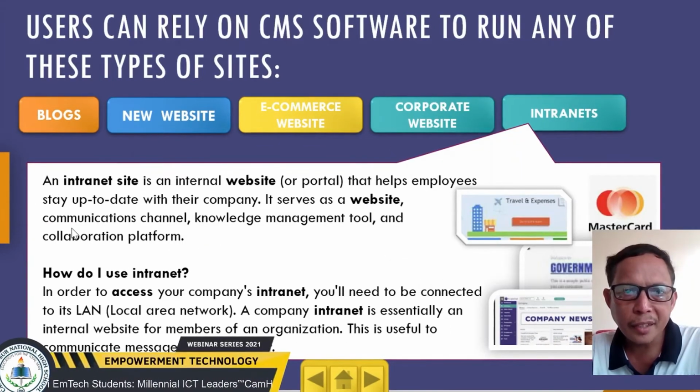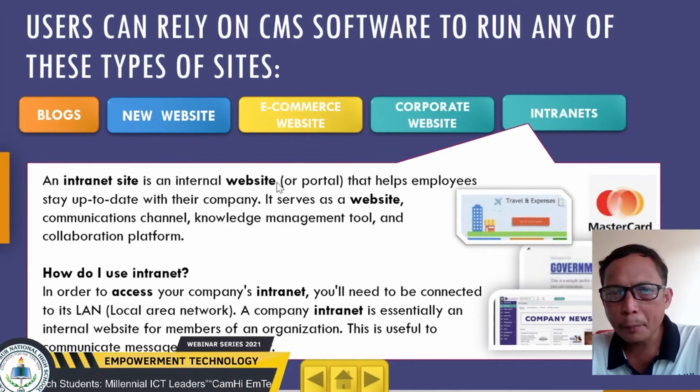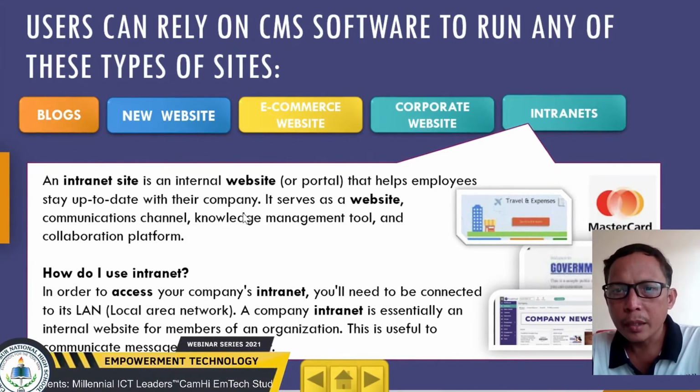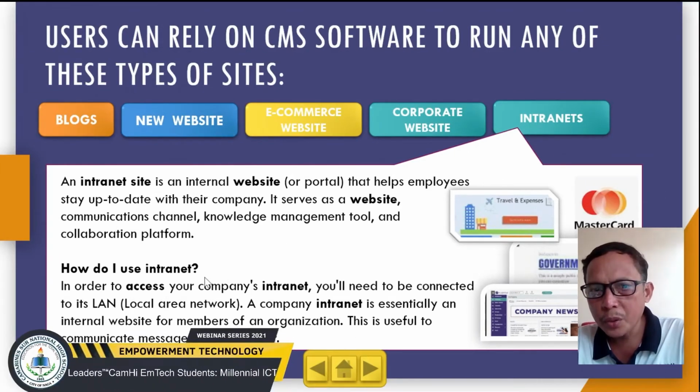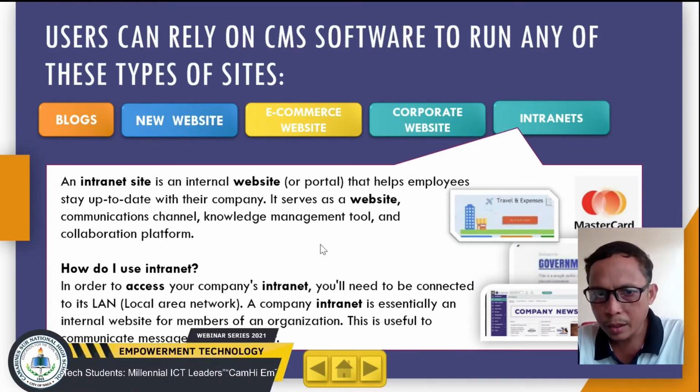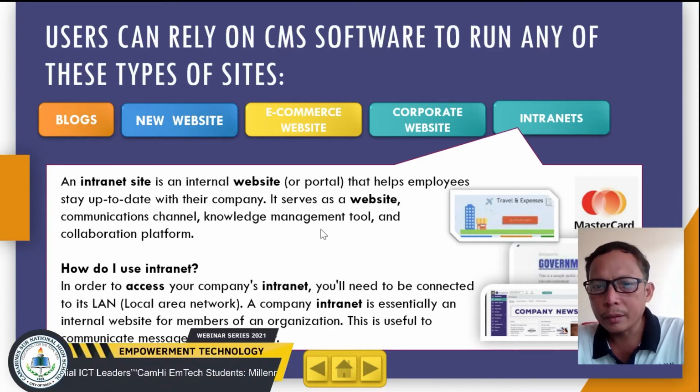Lastly is the intranet site. It is a portal that helps employees stay up to date with their company. So how do you use this intranet? In order for you to access your company, this intranet is actually a private network that you will need to be connected to its local area network, or the LAN.